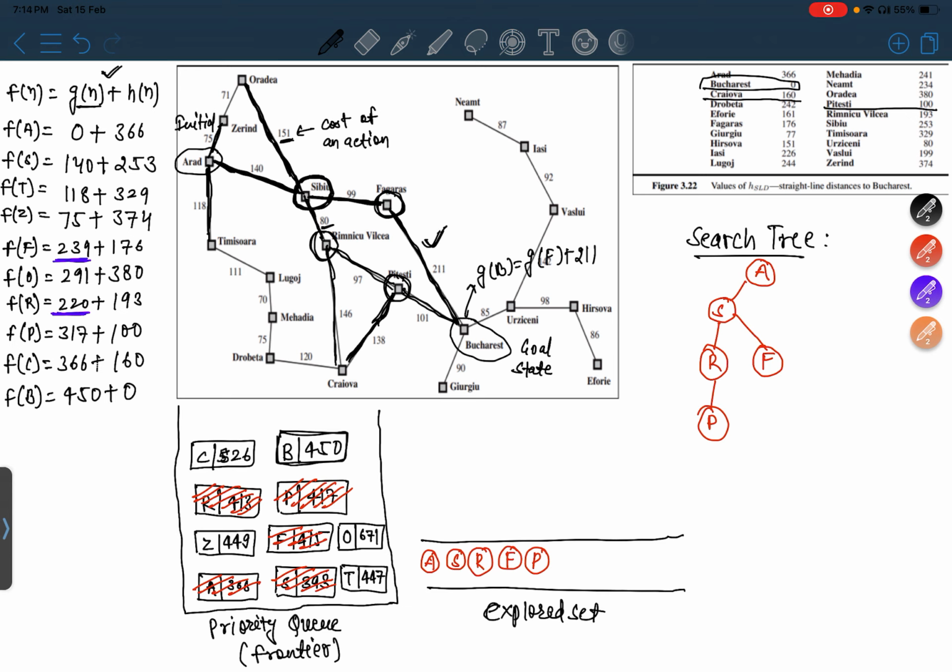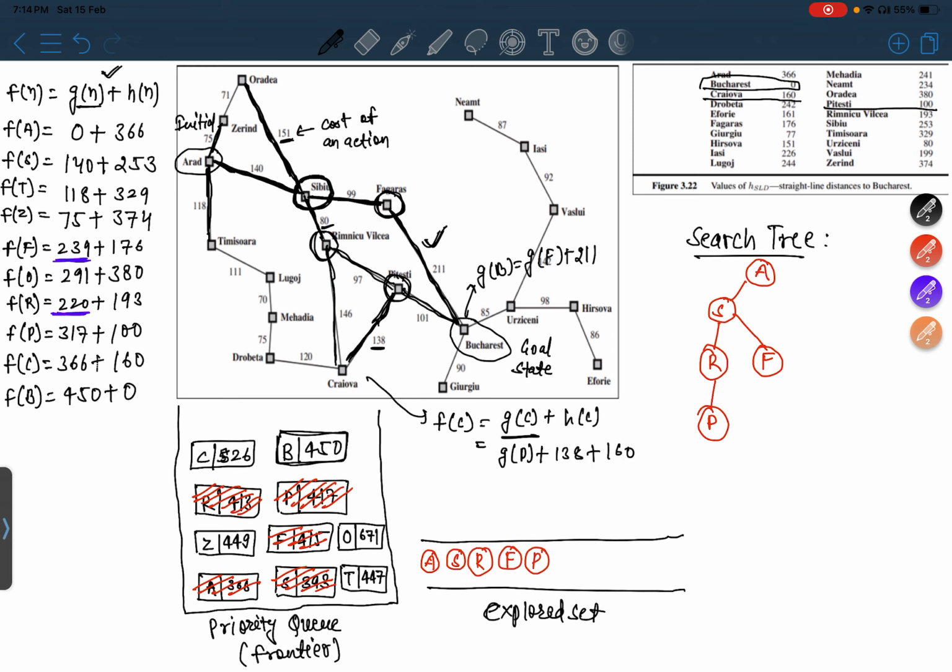So let's calculate कि उनके लिए f of c की वैल्यू क्या आ रही है, दोनों केस में, एंड देन विल अपडेट कि अगर है या नहीं. तो f of c की वैल्यू इस केस में क्या आ रही है? f of c अगर मुझे कैलकुलेट करना तो दैट विल बी g of c प्लस h of c. तो g of c क्या होगा यहाँ पे? g of c विल बी g of p प्लस इस एज की कॉस्ट कितनी है? 138, प्लस h of c कितना था?